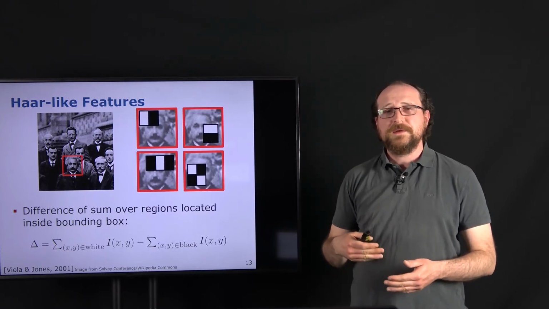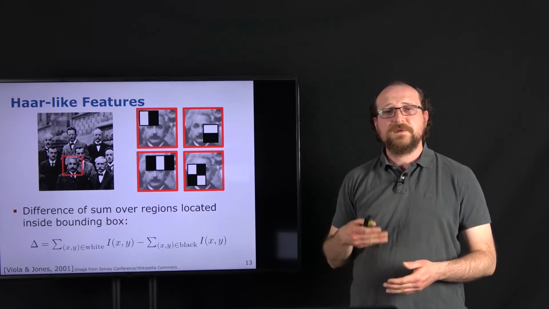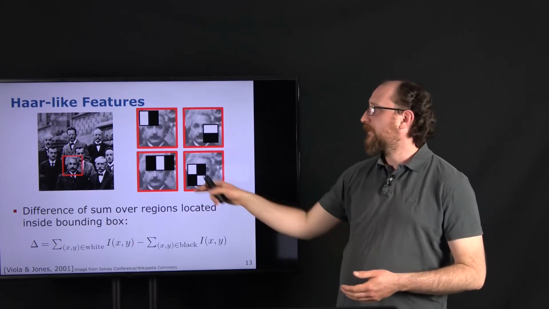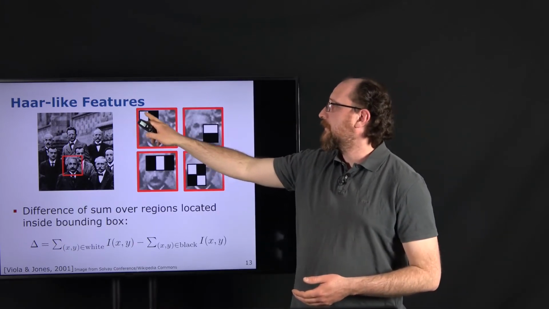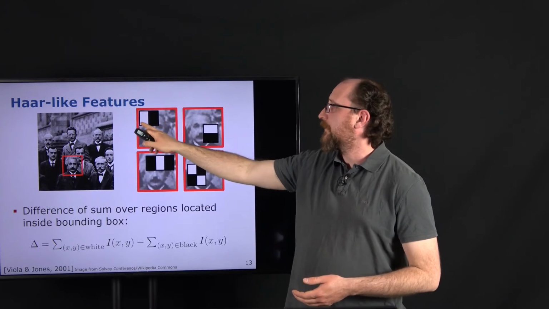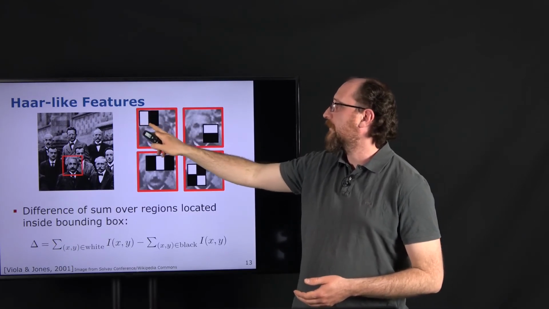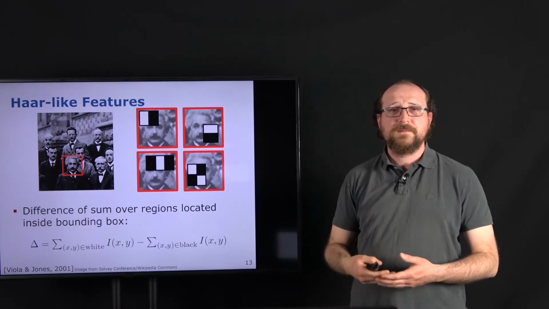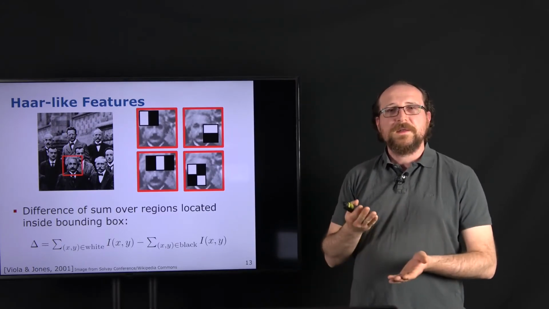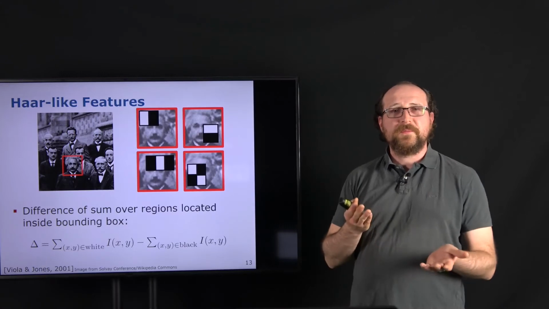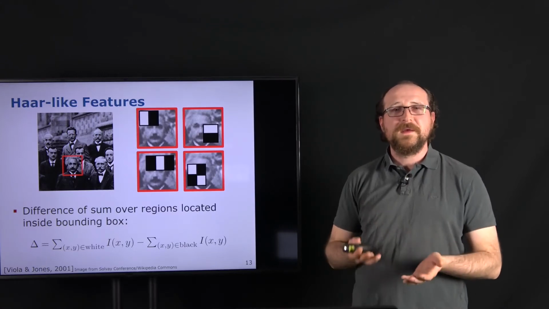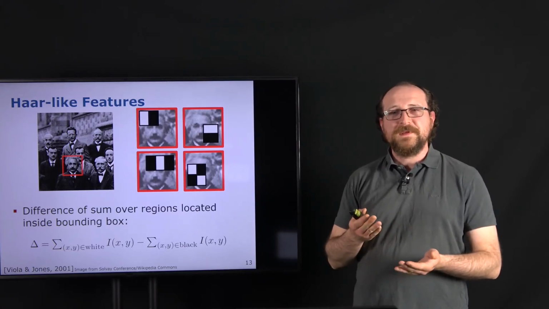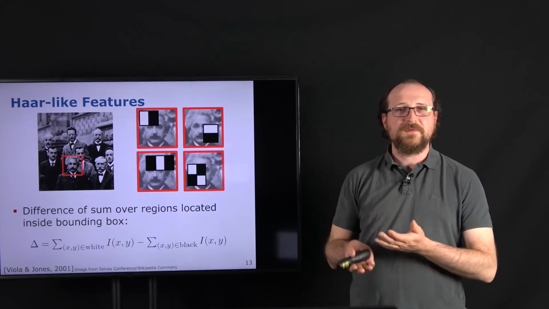The features are just encoding the intensity differences: all the pixels in this white region minus all the pixels in the black region. And this is just giving us an idea about how the intensity changes between these two regions.